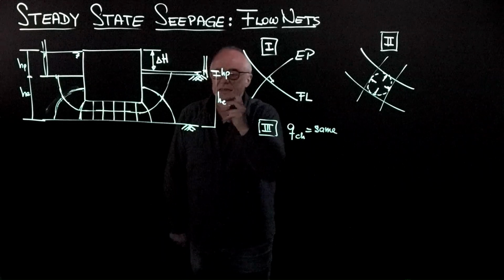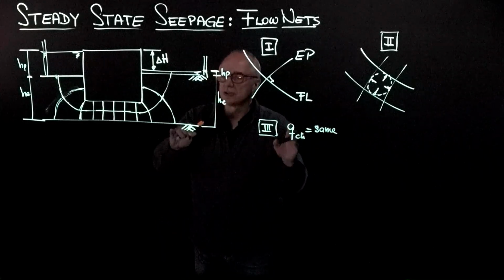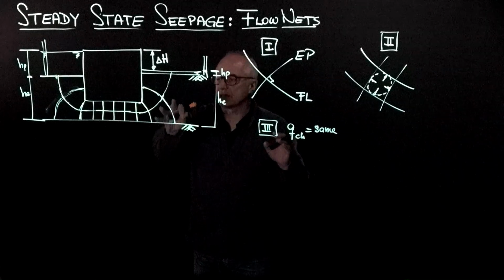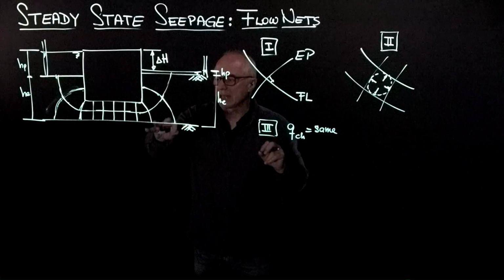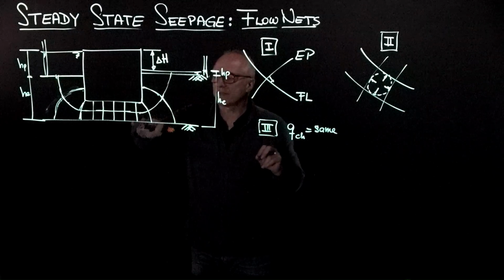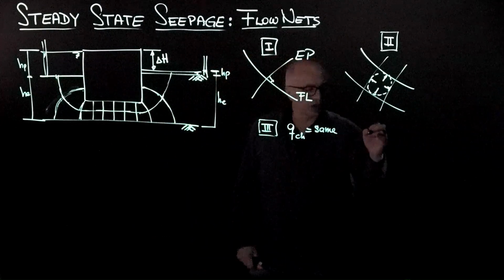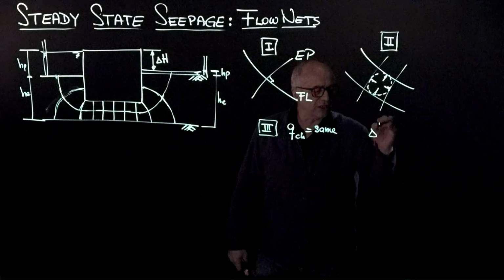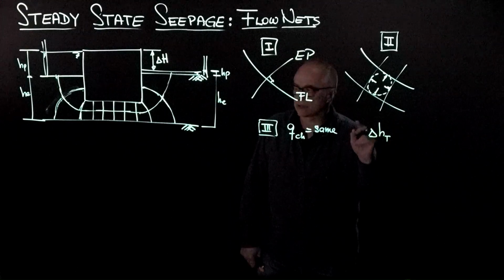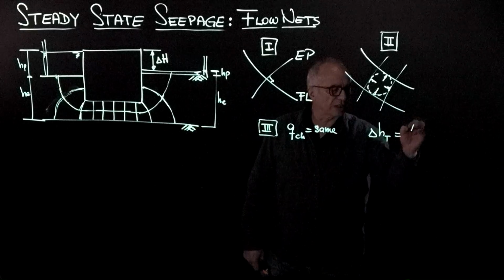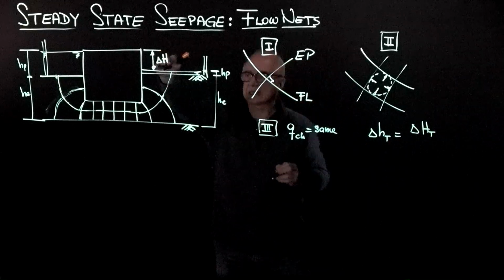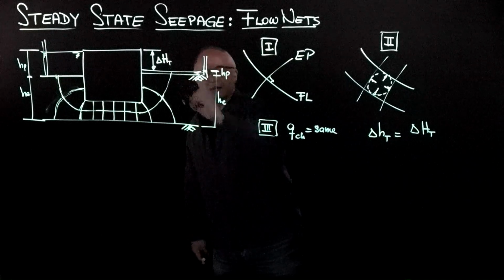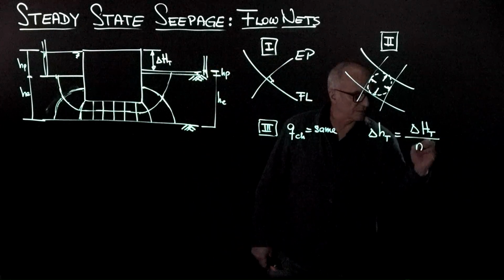The other one is that the energy drop, the loss of equipotential between two successive equipotential lines, is the same for each of the drops. So that means that the energy lost between two consecutive drops is equal to the total energy lost between the inlet and the outlet divided by the number of drops.